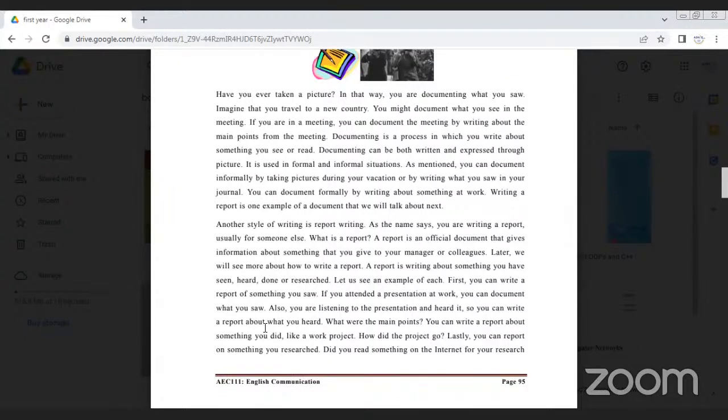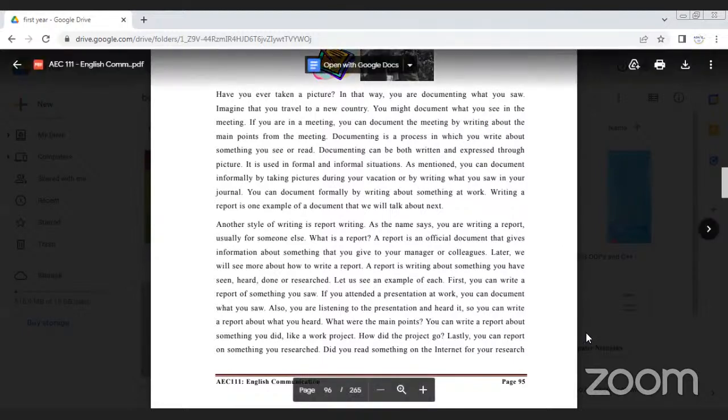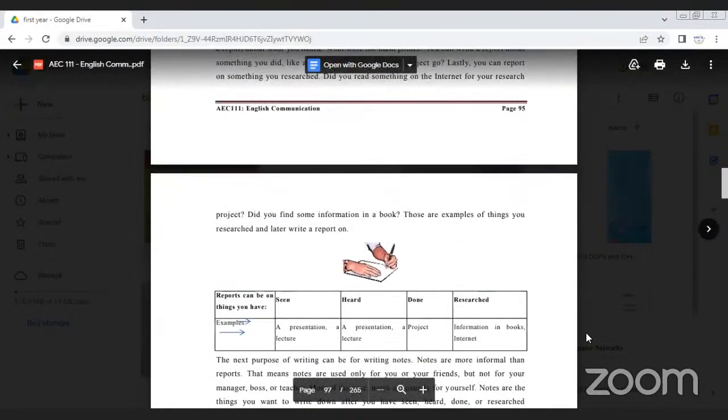What were the main points? You can write a report about something you did, like a work project. How did the project go? Lastly, you can report on something you researched. Did you read something on the internet for your research? Did you find some information in a book?